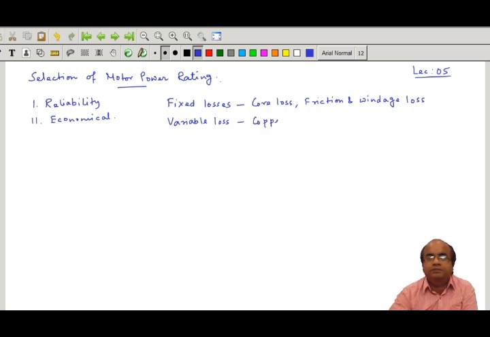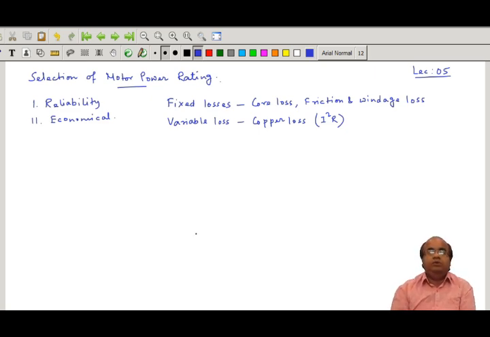It depends on how much mechanical load is coupled with the motor shaft. If the load increases, the motor current will increase and the copper loss will increase. That is the I square R loss. So the motor power should be selected such that the operation is reliable and the selection is economical.